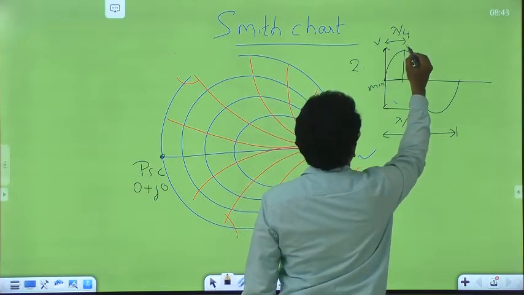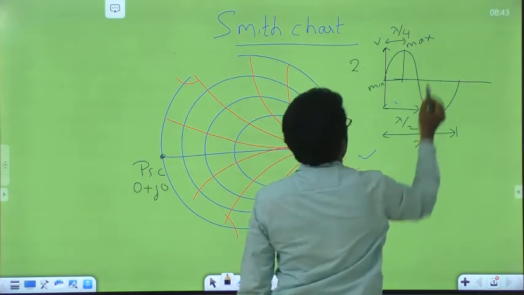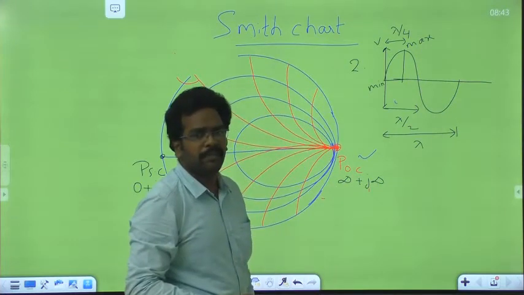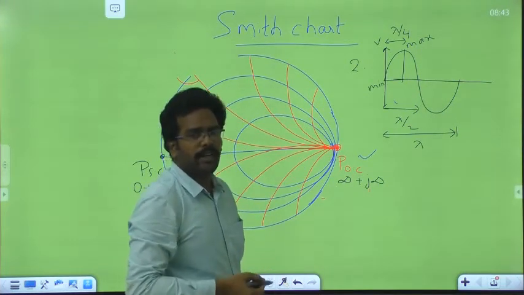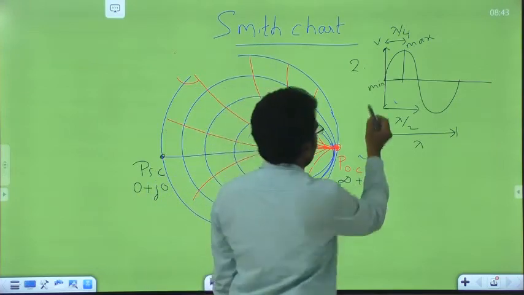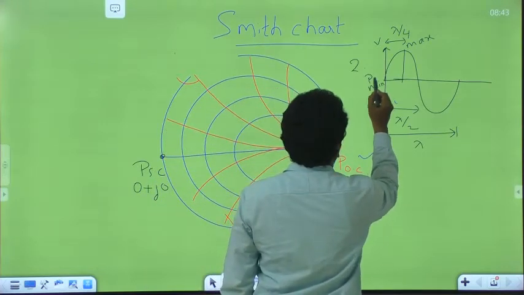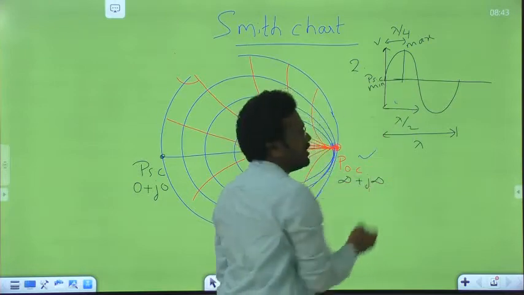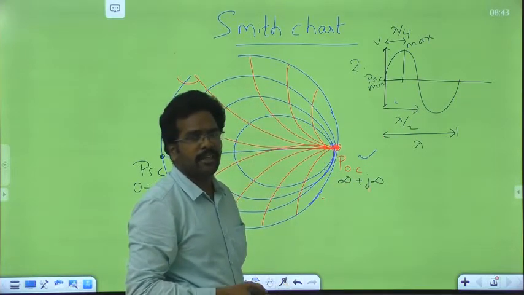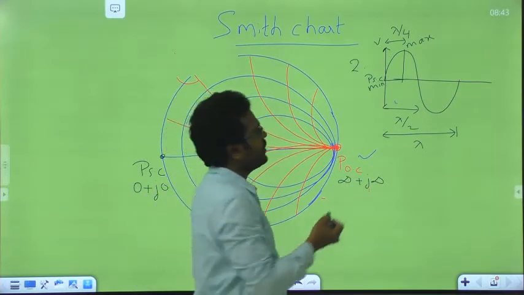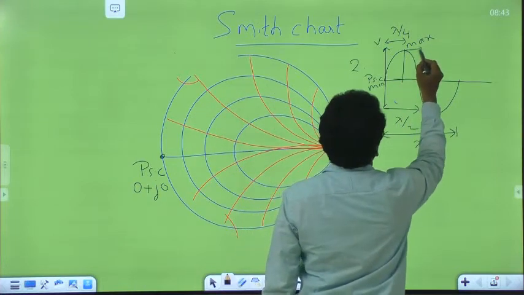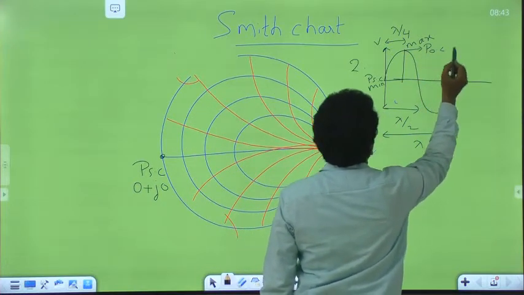Taking it as a voltage waveform, here the voltage is minimum and this is having maximum. At the short circuit point, the voltage is minimum. Therefore, I can take this as the PSC point, and when the voltage is maximum, it is the open circuit point. Therefore, I can take this point as the POC point.